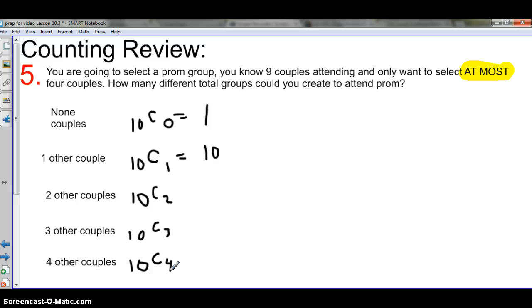So 10 choose 2 is 45. 10 choose 3, 120. And 10 choose 4 is 210.